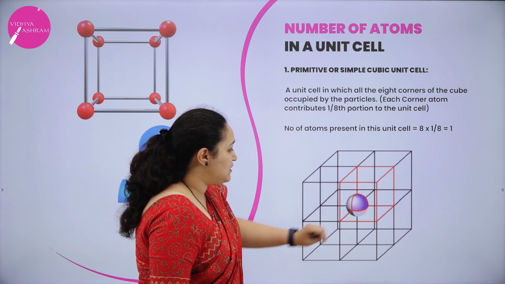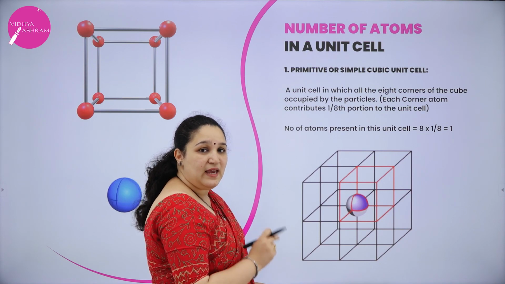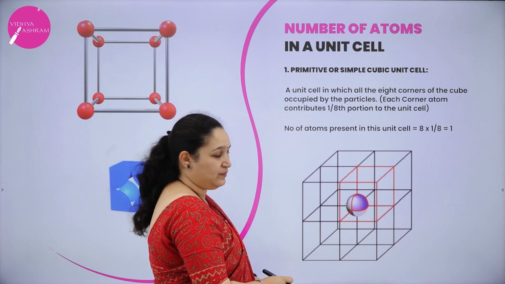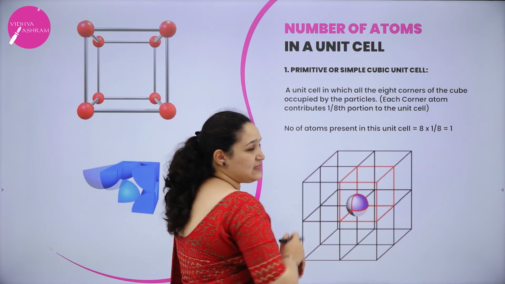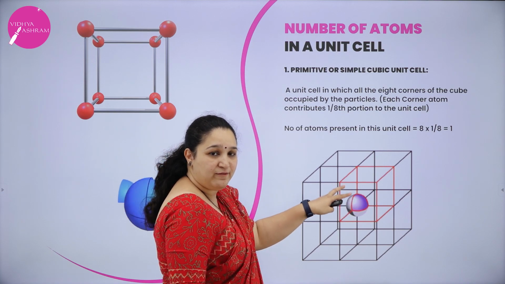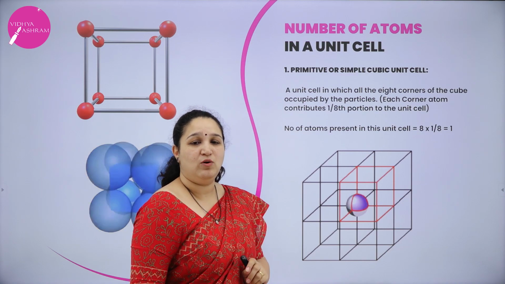You can see this atom is shared by 4 unit cells below and 4 unit cells above. So every atom is shared by 8 unit cells on the whole.